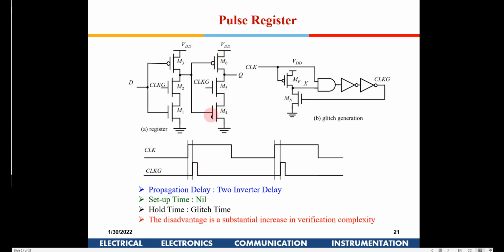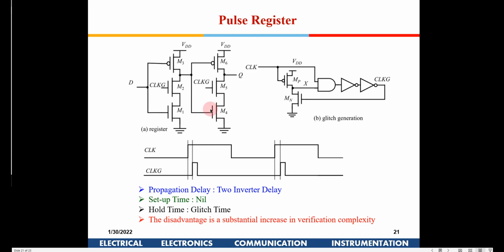So if you see here, now if I talk about the advantages, one, the number of transistors used is here only 6, right? The second advantage is you don't require clock and clock bar signal. So till now, the first circuit which we discussed, a dynamic register, required 8 transistors, and clock and clock bar signal was required.